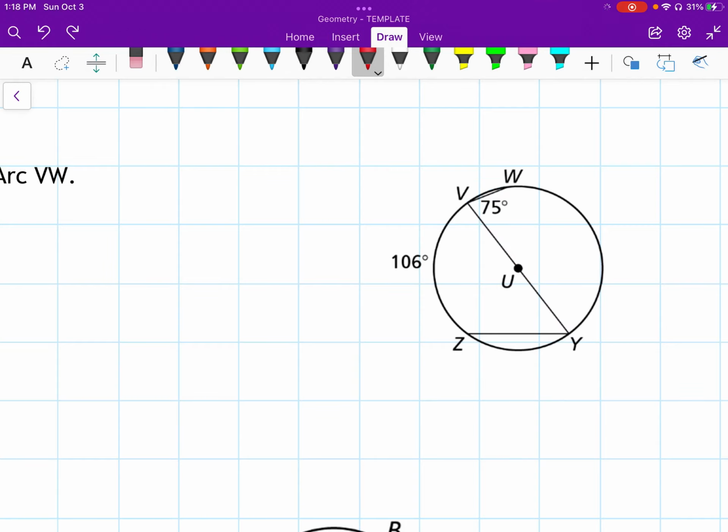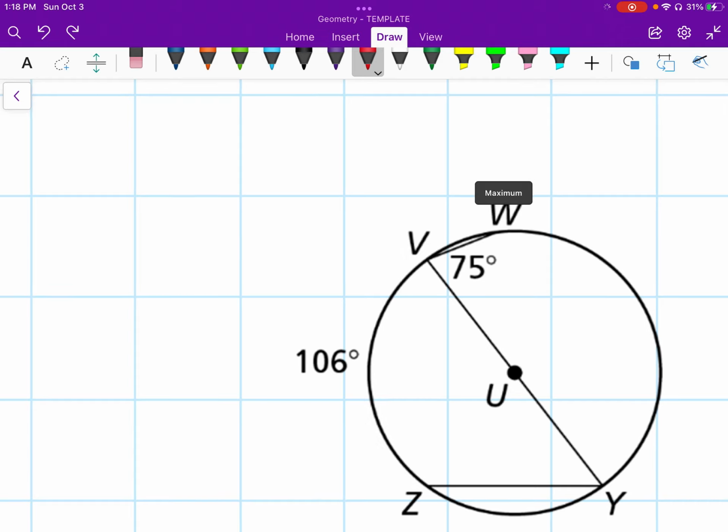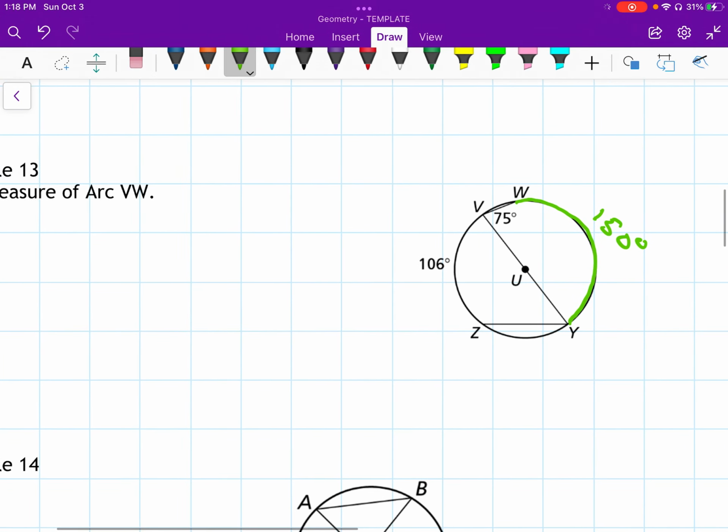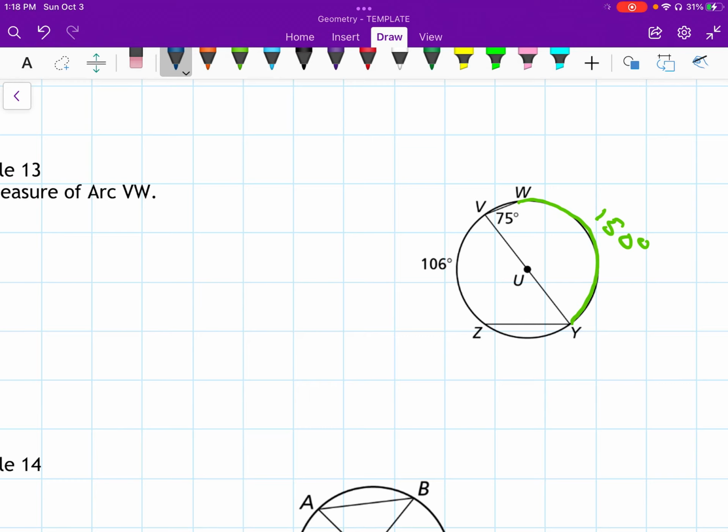Even though it's really close there to that edge, there is a little gap there. That is an inscribed angle. So this arc is going to be 75 times 2, which is 150. Arc VW will be half the circle, which is 180, minus 150, which is 30.